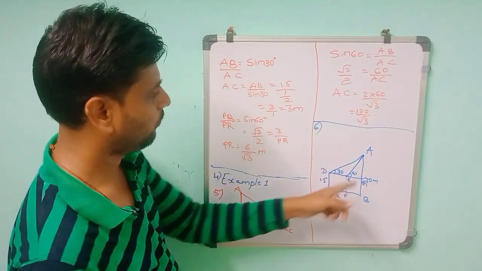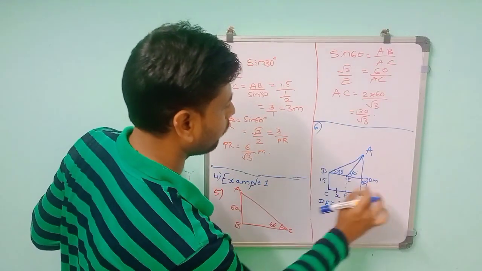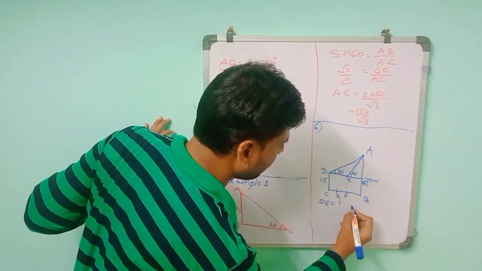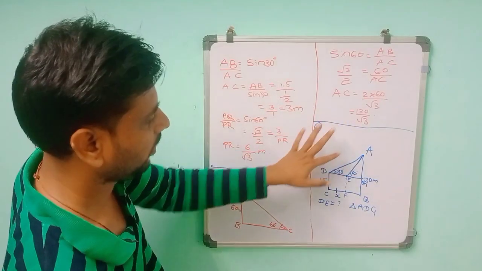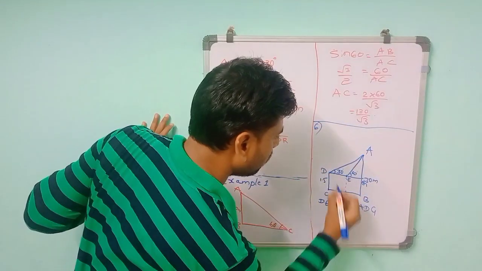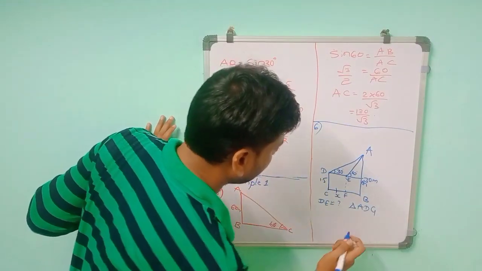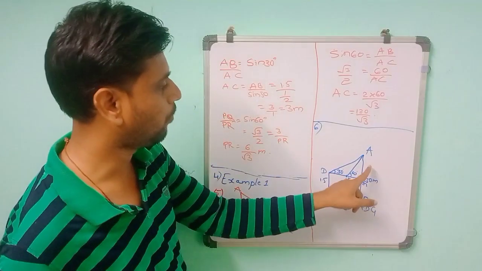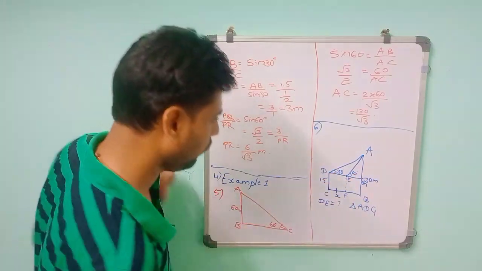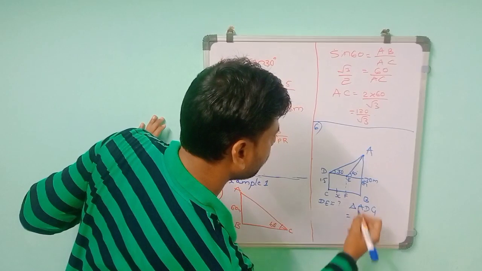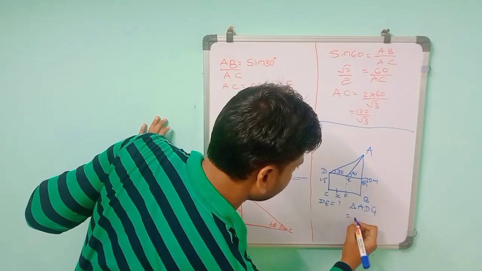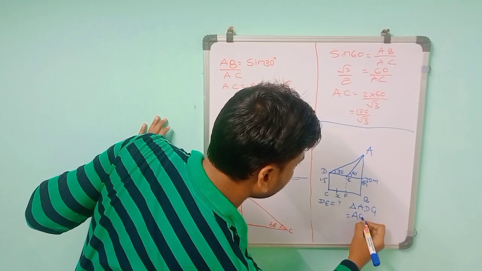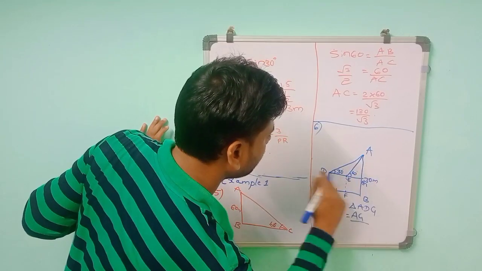For that, first you take triangle ADZ. 30 is there, so you take tan 30. Tan is opposite by adjacent.